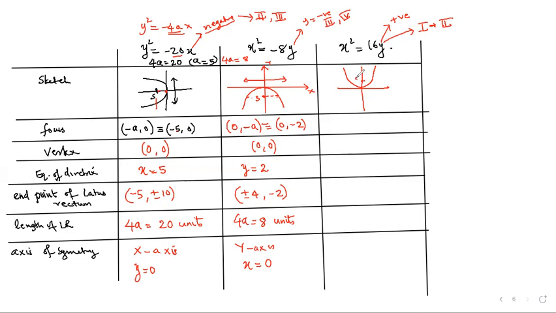So the focus will be here, directrix will be here. On y-axis, x coordinate will be 0 and y coordinate will be positive in this case. And here 4a is 16, so a is 4. I'll fill it up.